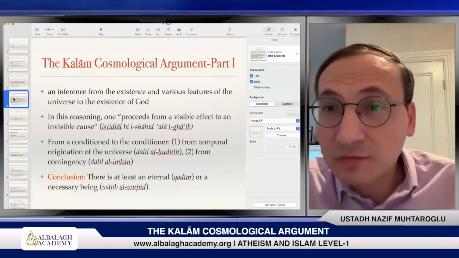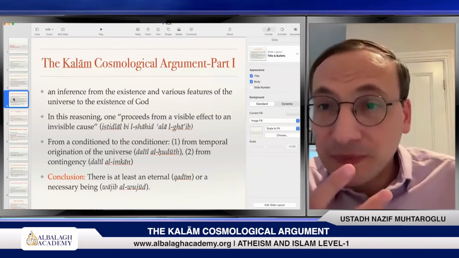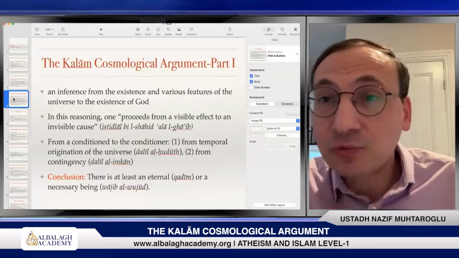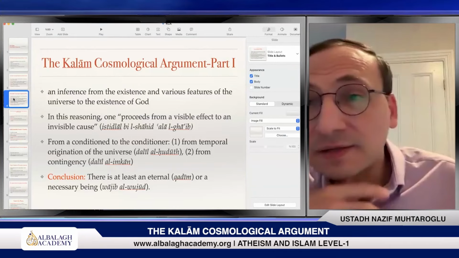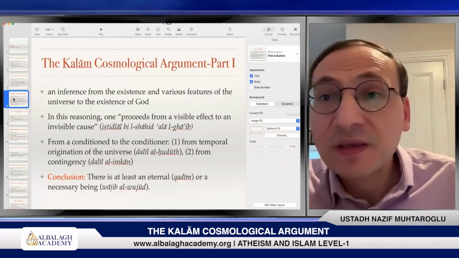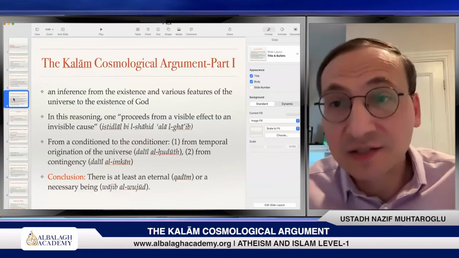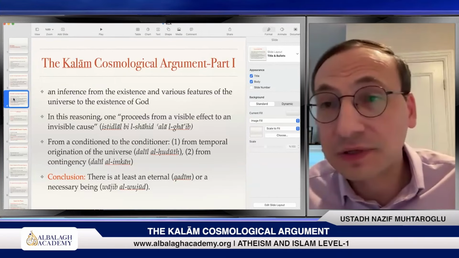The general type of ontological arguments, as ascribed to Anselm, Descartes, and later philosophers, start with the concept of God and try to derive the existence of God from that concept only.